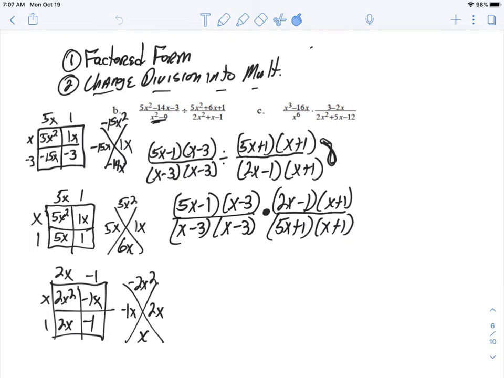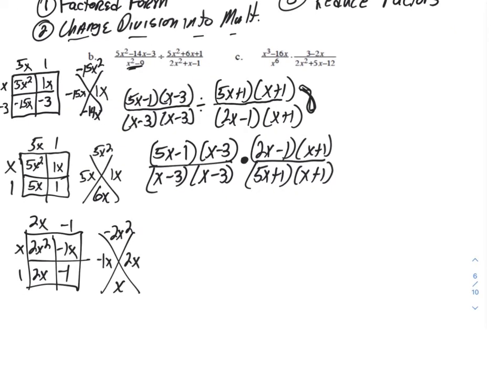Then the third step is to reduce factors. Now, some students always seem to believe it's a little easier if we write this all as one big fraction.